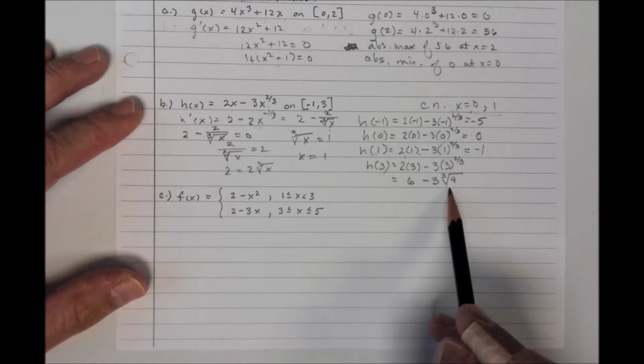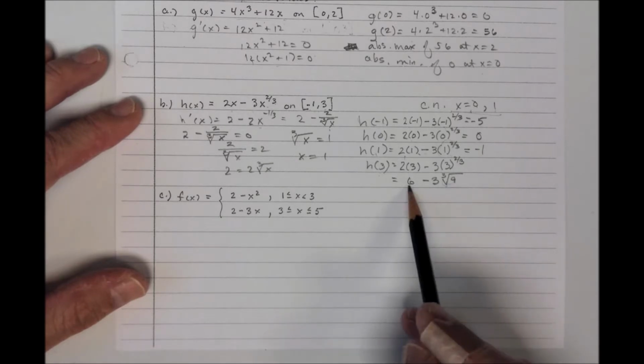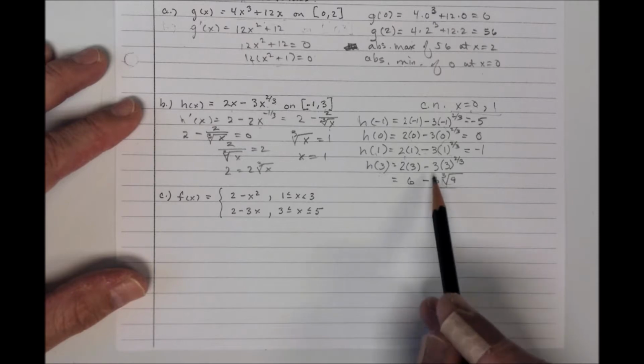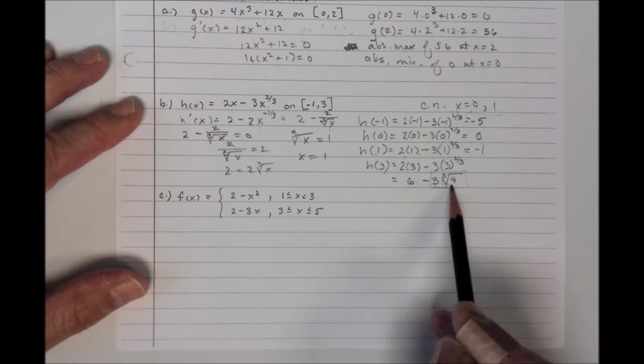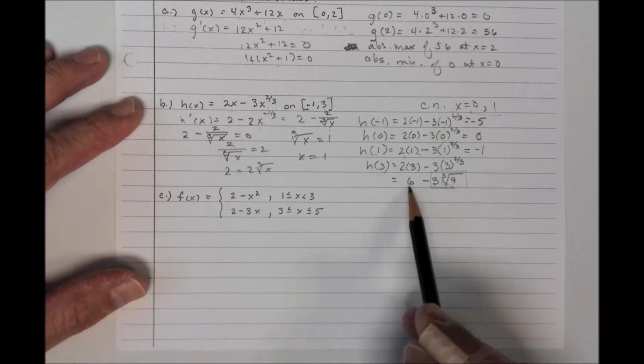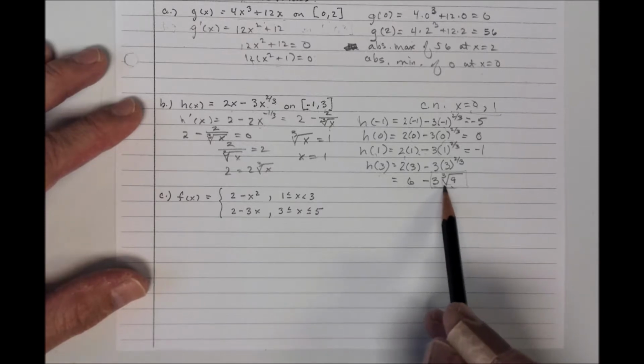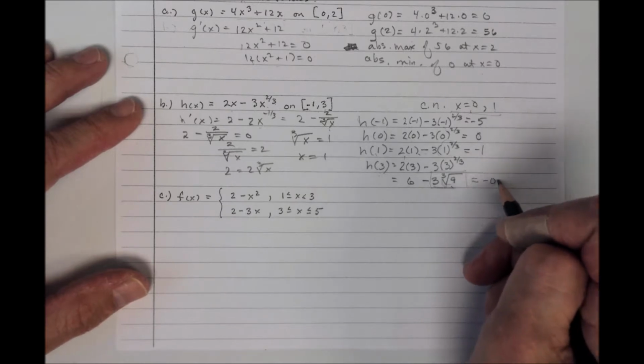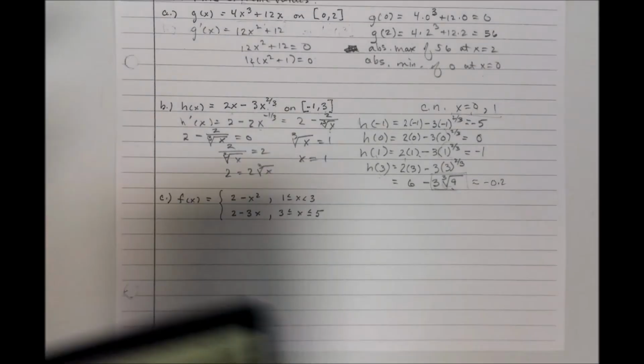This is a little bit more than 2. 6 minus 3 times a little bit more than 2. This part right here is going to be a little bit more than 6, like 0.2. So 6 minus a little bit more than 6 is going to be negative, approximately negative 0.2. I'll get Mr. Calculator out and check it for sure.